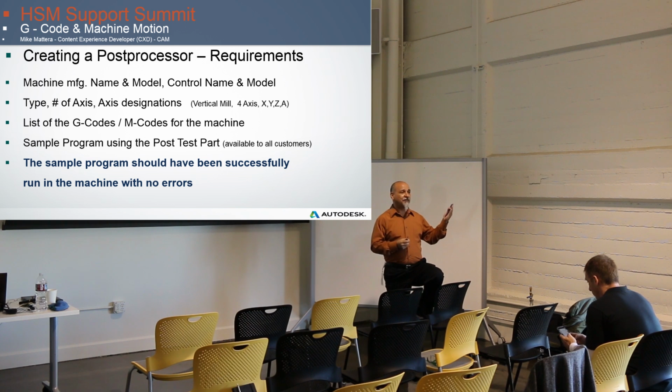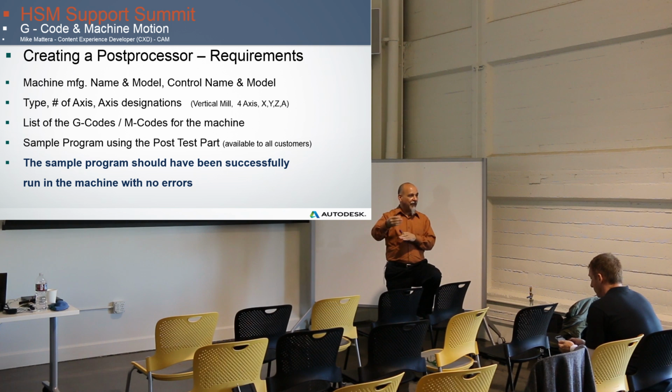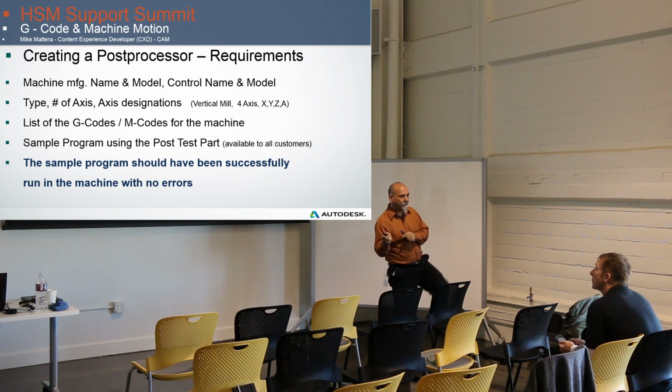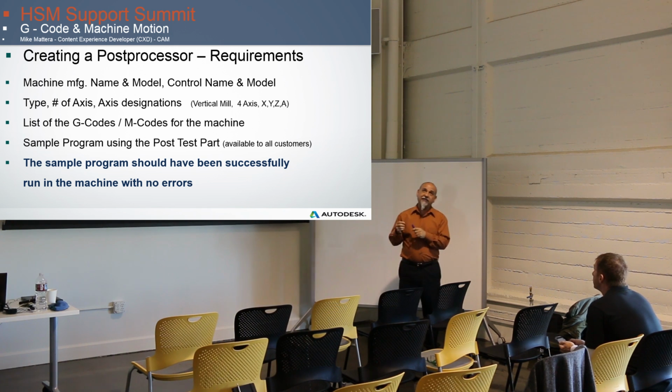So he picks a post that looks like it's going to work best for his machine, and he posts some code. Now he's going to modify that code to make the obvious changes that he can see need to be made from what he knows about how the machine works. Now he's going to send that program out to the machine, and most likely he's going to have to make some additional changes to fine-tune it.